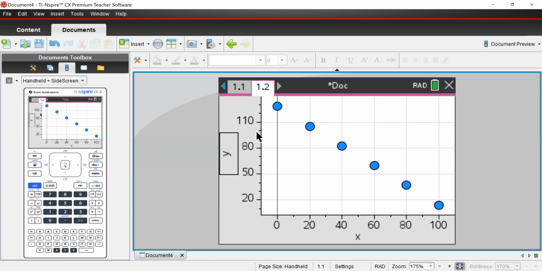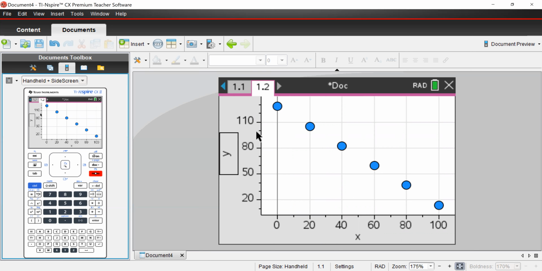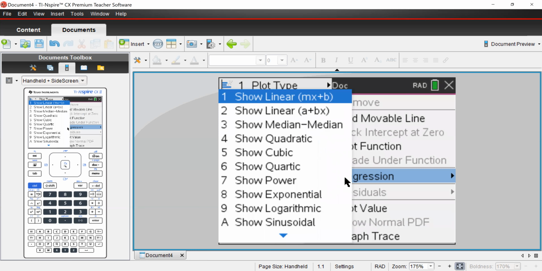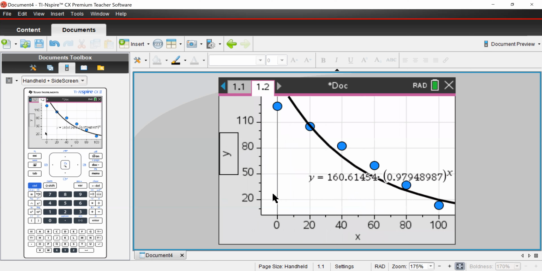So that would be your exponential. When we have a cup of coffee that's cooling down, it's always an exponential function. Like the hotter it is, the faster it cools down. But then as it cools down near the room temperature, it slows down its cooling. So you show exponential. So that's the equation right here.